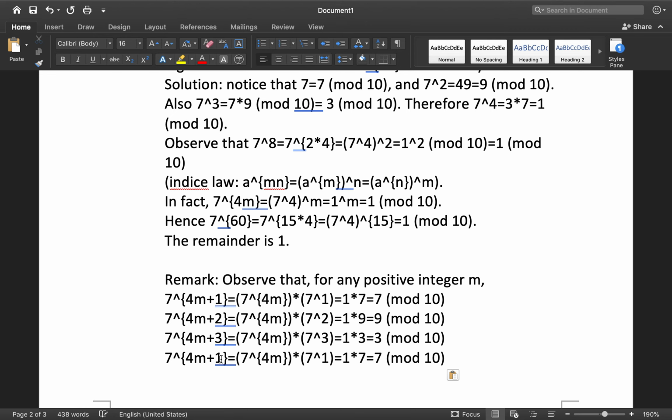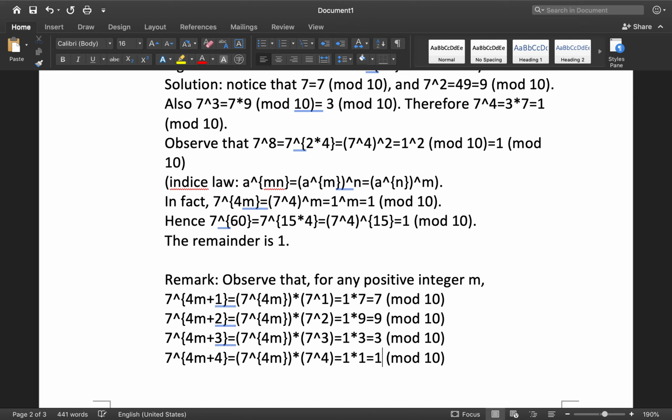Now finally, if you have 7 to the power 4m plus 4, then what is it? Actually, if you have that observation, you can simply take that to be 4 times n plus 1. Anyway, so you have this. In fact, after you take the congruence, they both equal to 1.